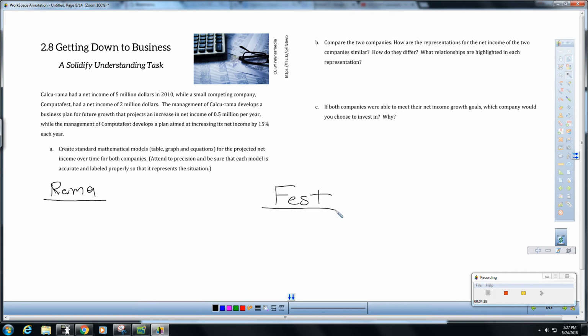Okay. Calcularama has $5 million of income to start. Computer Fest has $2 million to start.